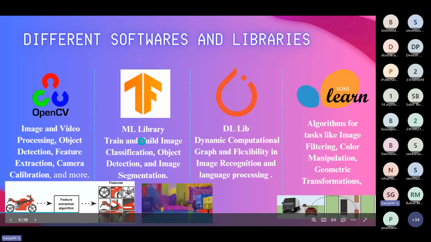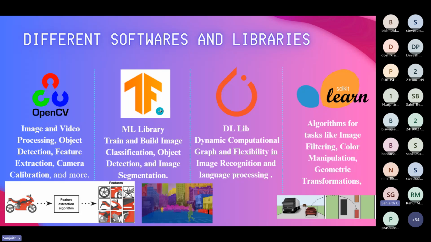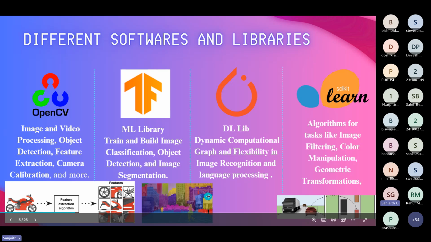that the model should be able to detect to judge it as a bike. And next comes TensorFlow, which is also a most important library. You can train and build image classification models, and you can also do object detection and image segmentation. Image segmentation is nothing but, in this image, you can see it has classified each object, like buildings, into some colors.